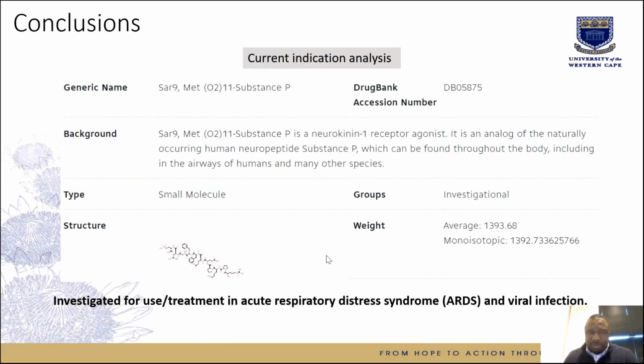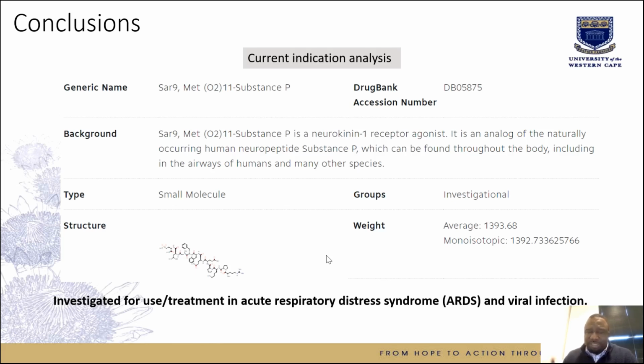So we've identified about 5 drugs that showed very good ability to inhibit that interaction, and most of them were peptides. And we went back to DrugBank to see what these drugs are used for. One of the ones that we saw, SAR9 Met O2 11 substance P, is a neurokinin receptor agonist.